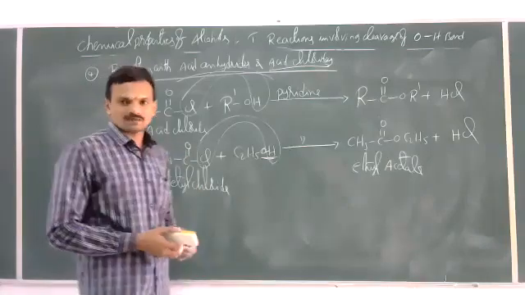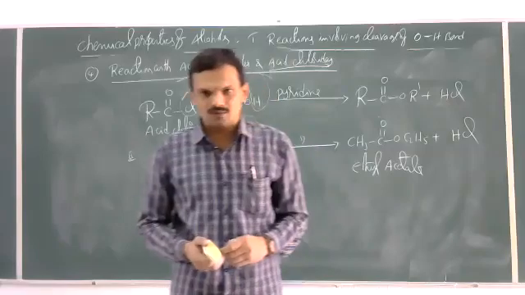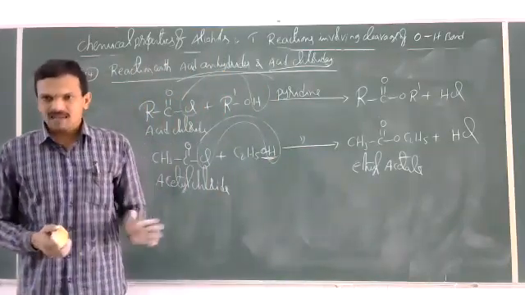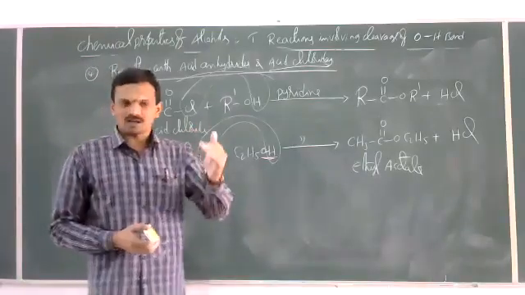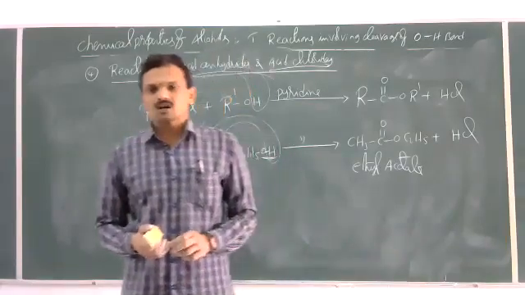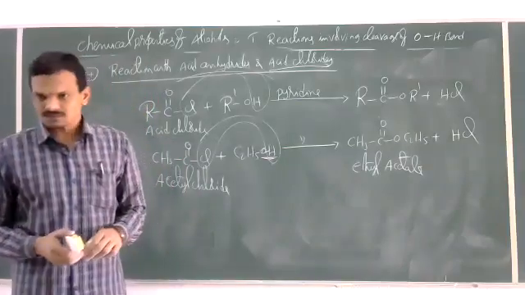And the third one is esterification. Alcohols react with acid in the presence of concentrated H2SO4 to form ester. This process is called esterification. As the number of carbons increases, the rate of esterification decreases for both alcohols as well as acids, whereas the presence of electron withdrawing groups increases reactivity towards esterification.